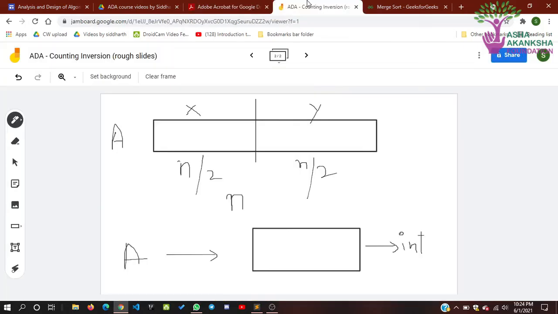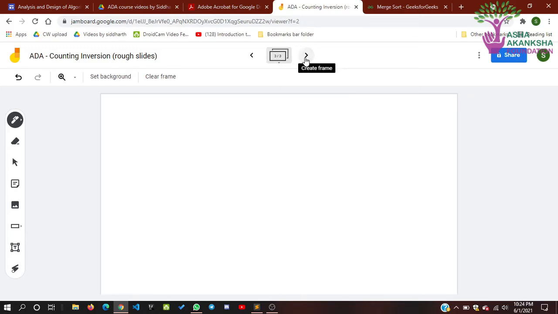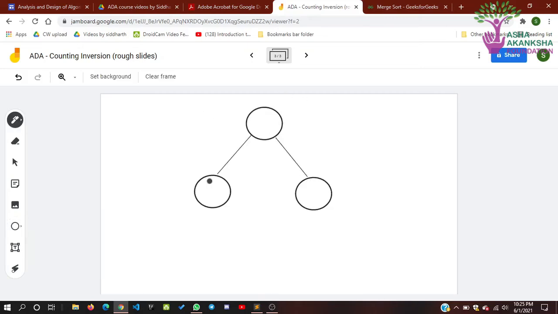Now the recursion tree of whichever function you create will somewhat look like this. For the main problem, these are the subproblems, and the main problem was invoked on an array of size n, and these were invoked on arrays of size n by 2 each.